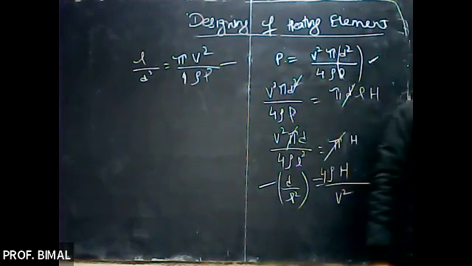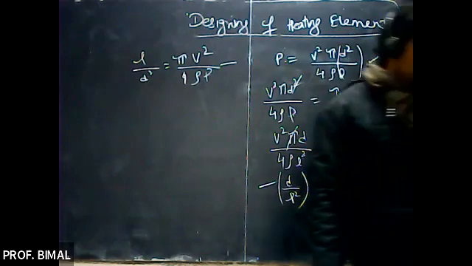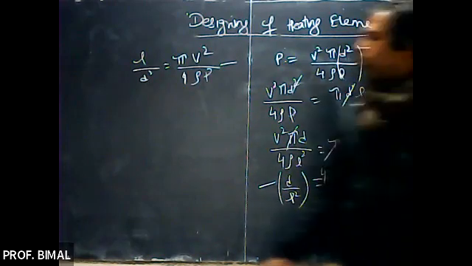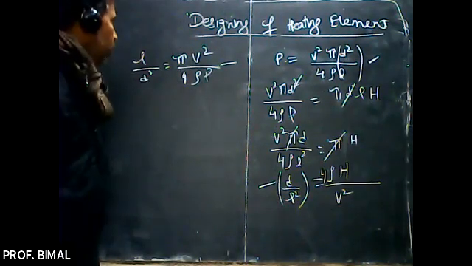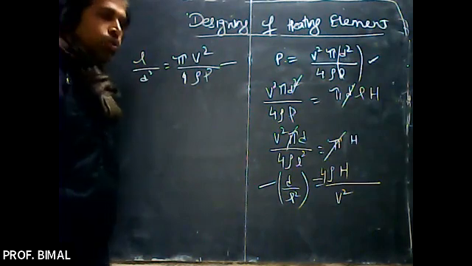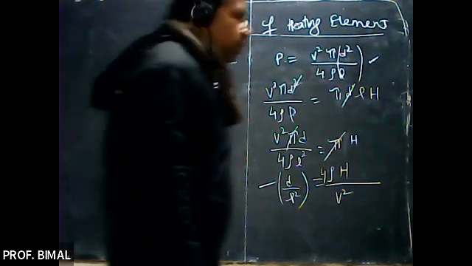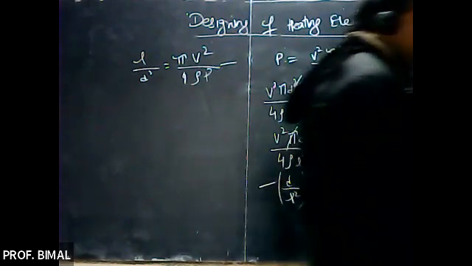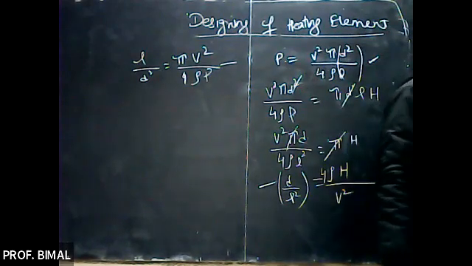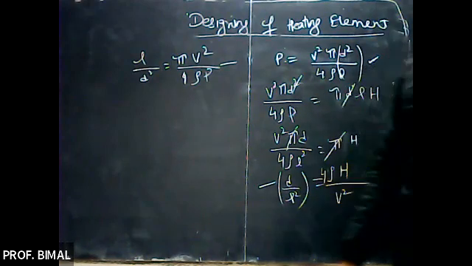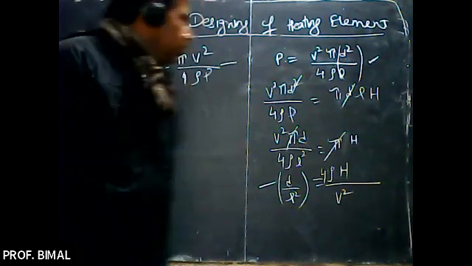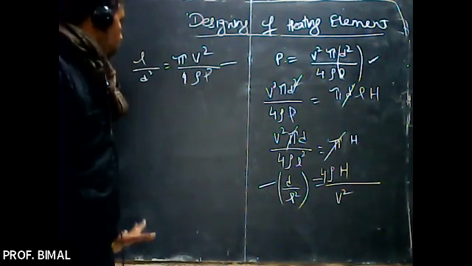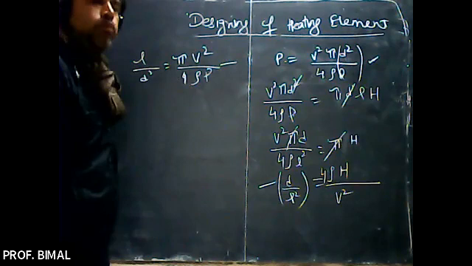By solving these two equations, you will be able to calculate the value of L and D for the heating element, right? Now one thing, this is the case if we are assuming that the wire is circular in shape.